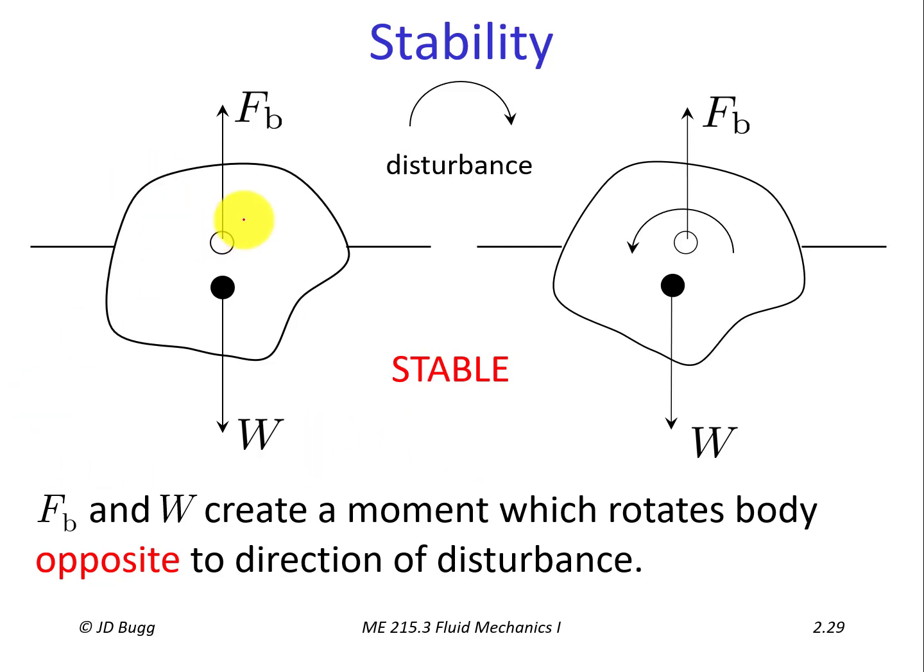If we have a floating object with this particular configuration of center of gravity and center of pressure, that means that if you reach in and whack this thing or disturb it in some way, and it rotates in either direction, there's going to be a moment produced which tends to move it back to its original position. So this is called a stable situation.